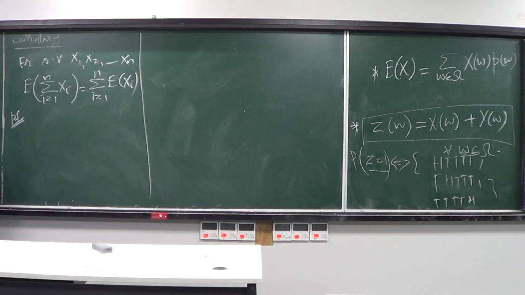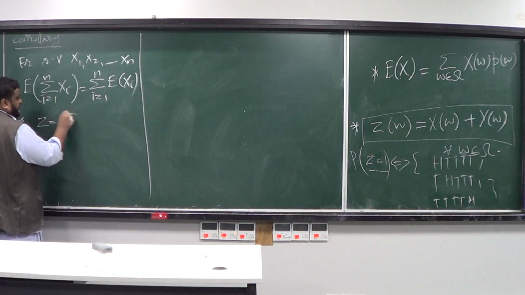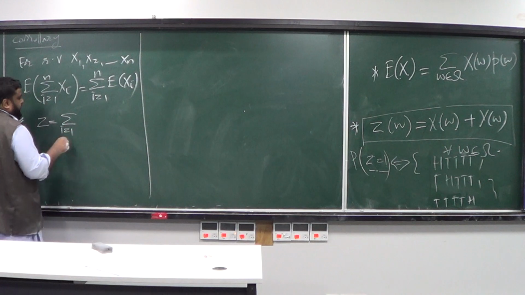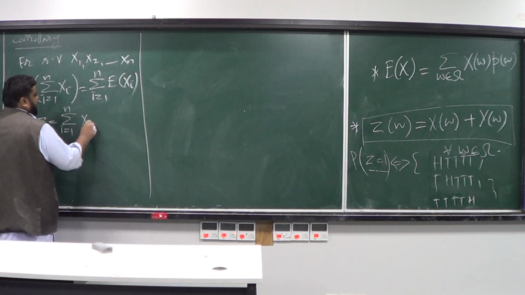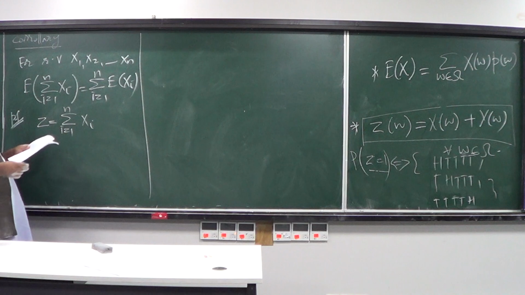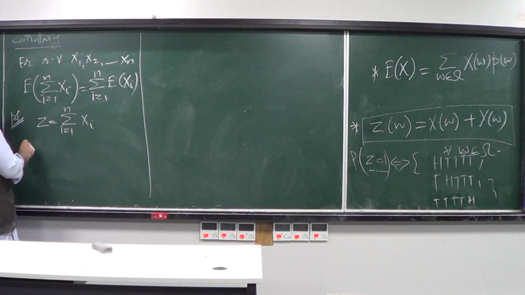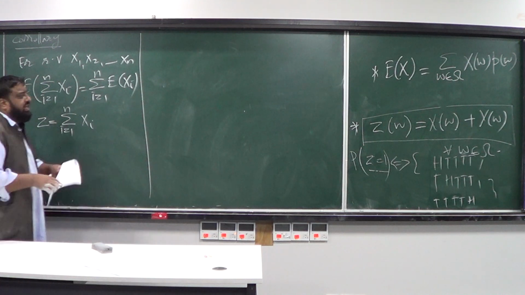So here's a proof of doing it. Give this sum a name, so let's call this sum Z, the sum of Xi. Now, what is the meaning of Z being equal to the sum of the random variables?